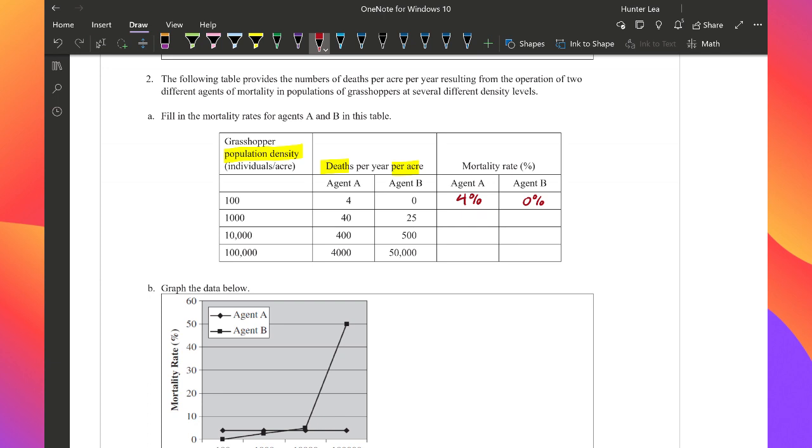Agent A kills 40. We've simply added a 0. That is still 4%. And 25 were killed by Agent B. 25 out of 1,000 happens to be 2.5%.